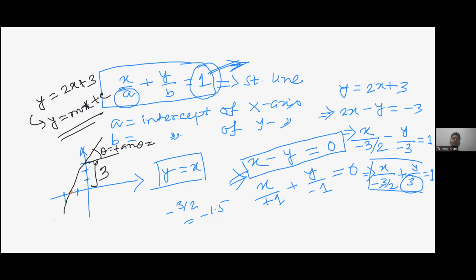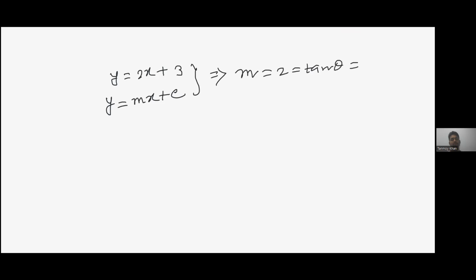Let's draw this by this approach. What I told, y is equal to 2x plus 3. So comparing this with y is equal to mx plus c, you can get m is equal to 2 is equal to tan theta. It will be around 63, and c is equal to 3.